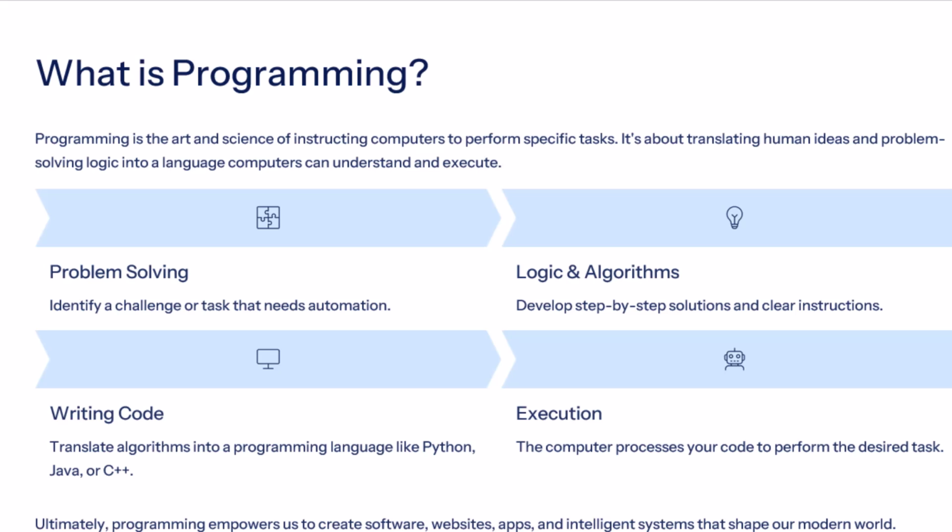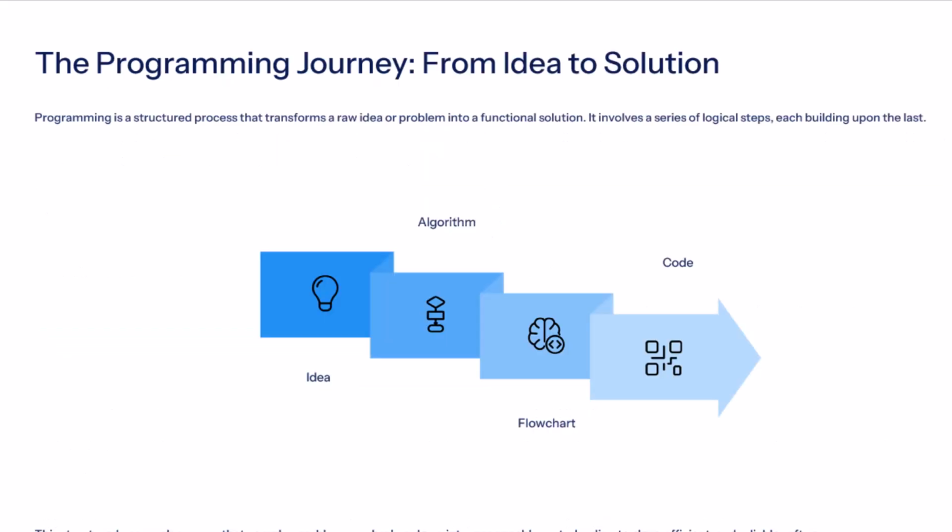After writing that, we have to do the execution. So now, the programming journey from an idea to a solution. We have an idea, then we have an algorithm, which is a step by step.